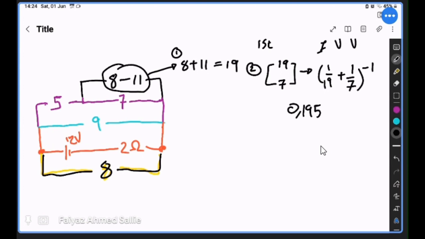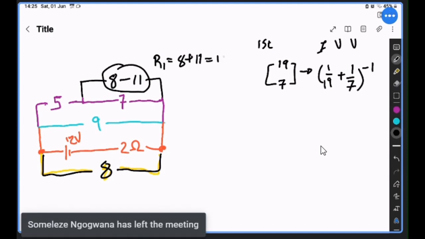Oh wait. Let's do this here. Resistor 1 is equal to 8 plus 11 equals 19.